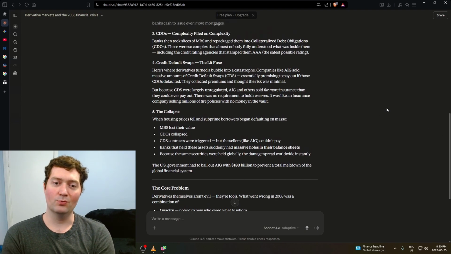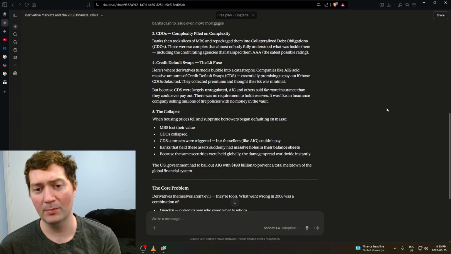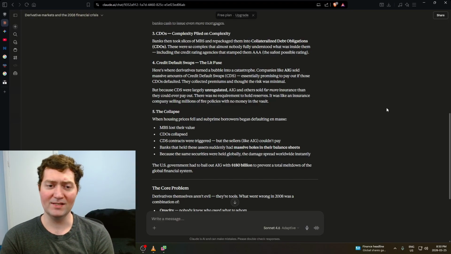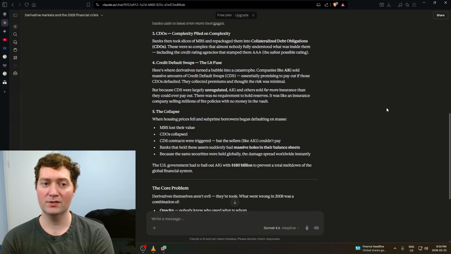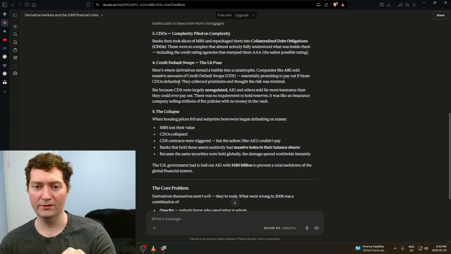Credit default swaps, the lit fuse. Here's where derivatives turned a bubble into a catastrophe. Companies like AIG sold massive amounts of credit default swaps, essentially promising to pay out if those CDOs, so the complexity piled on complexity stuff, defaulted.